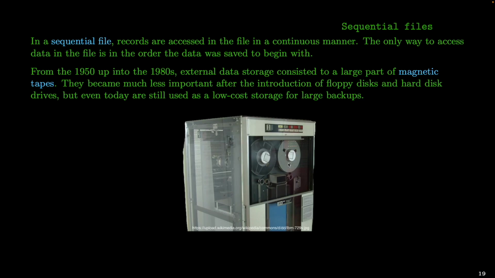So it makes sense to read data sequentially and organize your data accordingly. Nowadays, of course, there were originally floppy disks. These are not in use either anymore, but floppy disks and hard disk drives made these magnetic tapes somewhat obsolete.